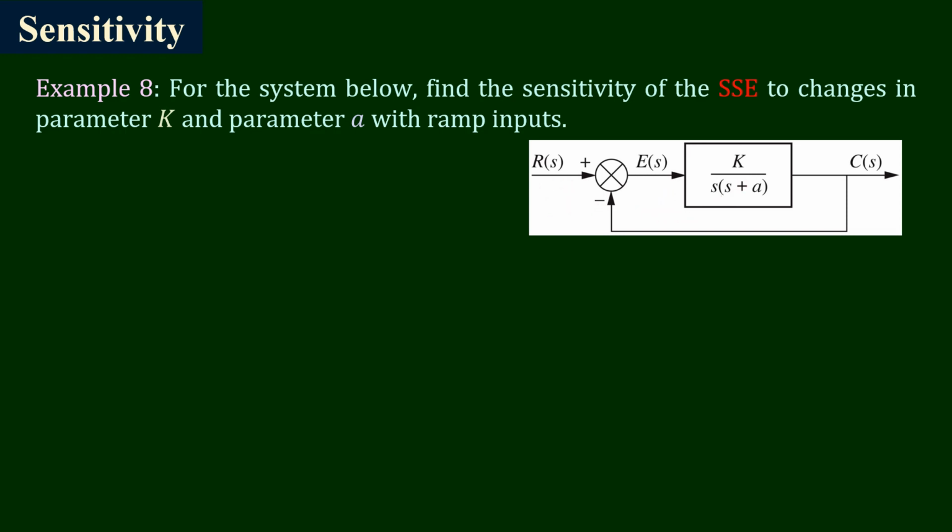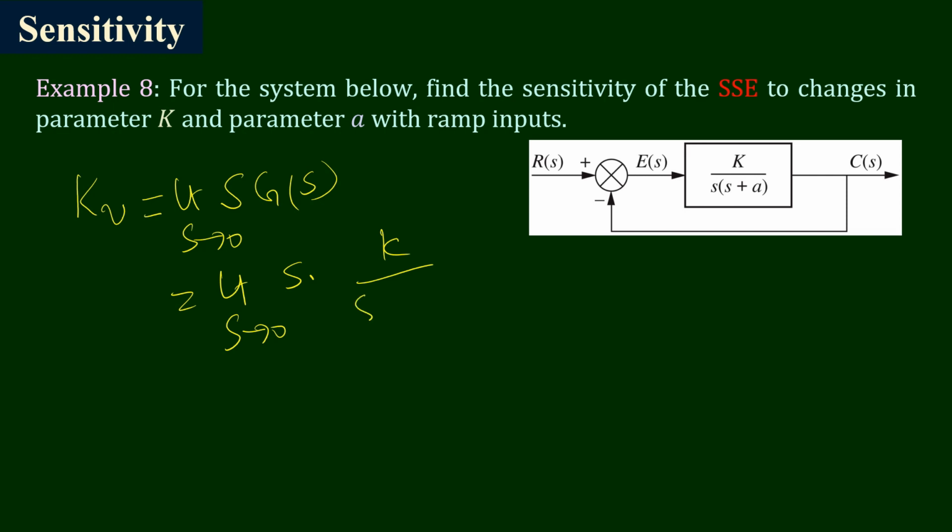So first we find kV, and we know that kV is equal to the limit as s tends to 0 of s G(s), which is the limit as s tends to 0 of s times K upon s plus A, times... s. So this s and this s will cancel, and we will get K upon A.